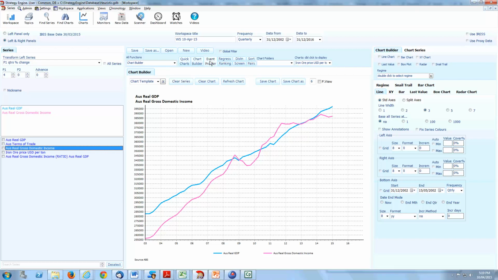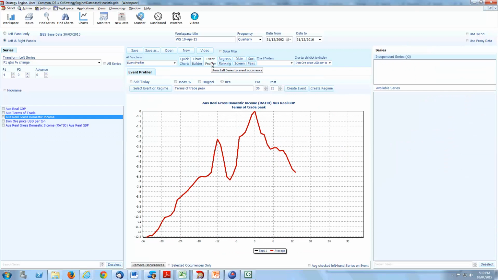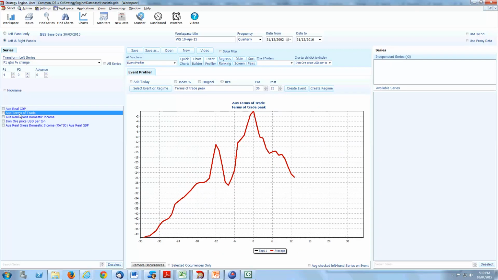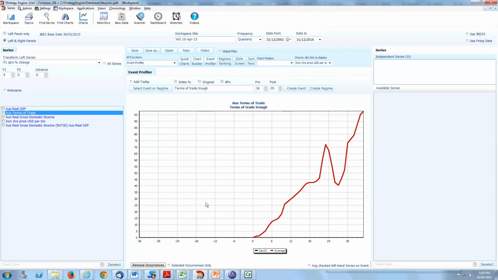So first I'll have a look at the terms of trade. We know that in the 36 months leading to September 2011, we had basically a 95% increase in the terms of trade from the trough. Let's just select the trough here, and there it is. So an increase of 95% over that period.